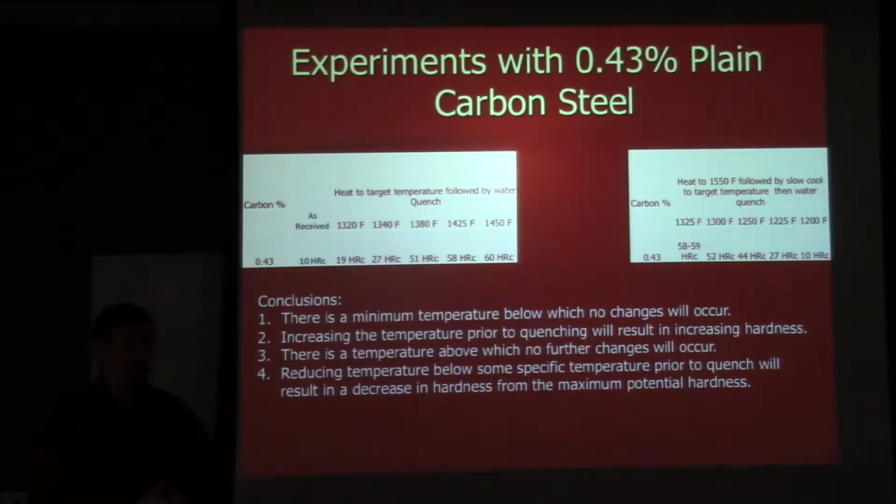When he got to the max hardness that he could get, which in that case was a 60, there was no ferrite present. There was no pearlite present. You saw essentially a uniformly martensitic structure. So the structure is changing depending on where he's at in terms of temperature. The temperature he's quenching from makes a difference in what his outcome is.